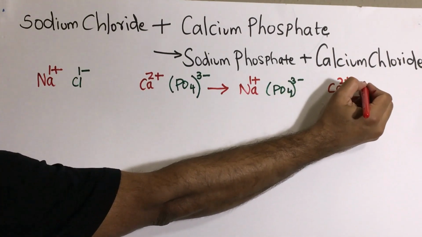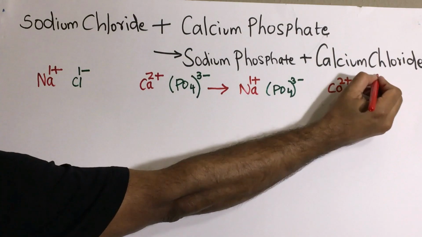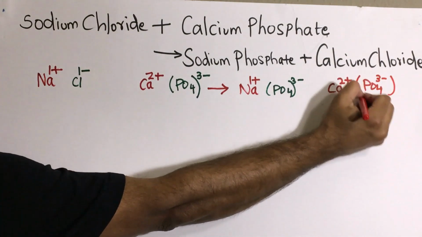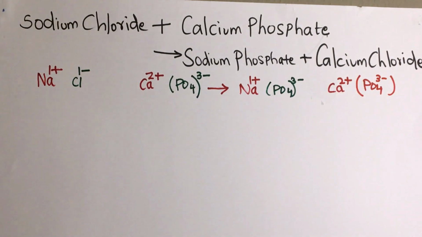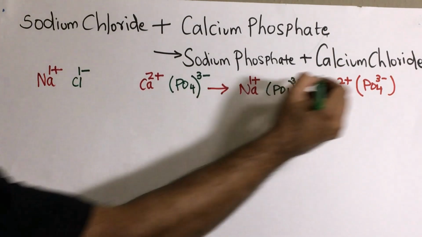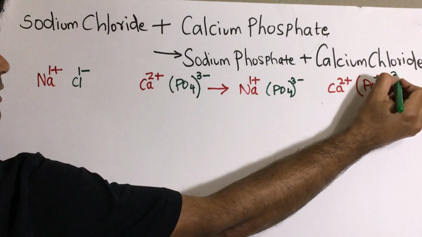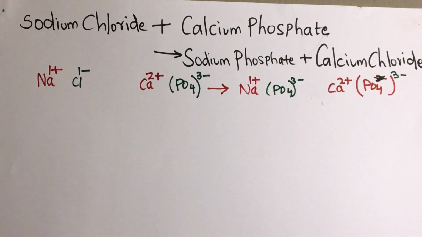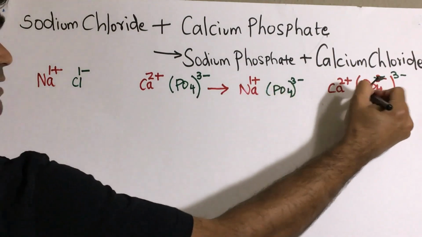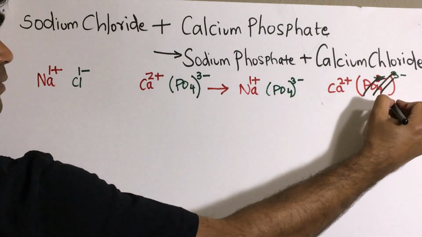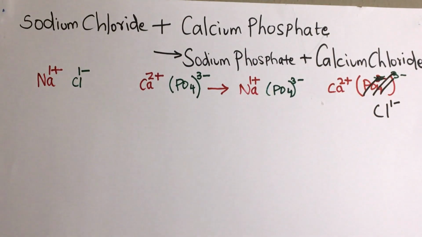And then phosphate is 3 minus as well. Right? Now let's swap the charges. Okay? I would actually write the 3 minus outside. Okay? So, sorry, this should be chloride. Apologize. Cl1 minus. Right? Because that's calcium chloride, not calcium phosphate.